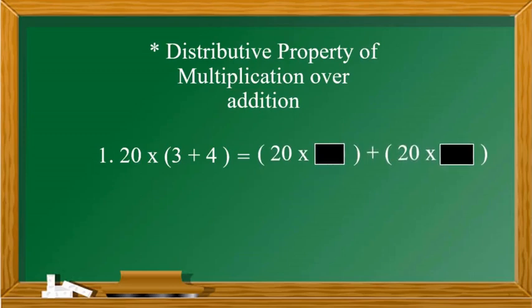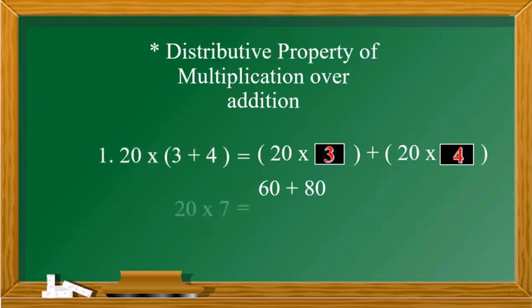What we are going to do is multiply 20 times 3 and multiply 20 times 4. Then add the two terms like this. The quantity of 20 times 3 plus the quantity of 20 times 4.